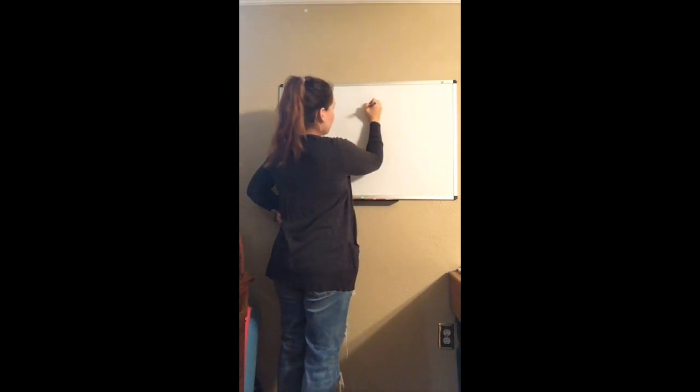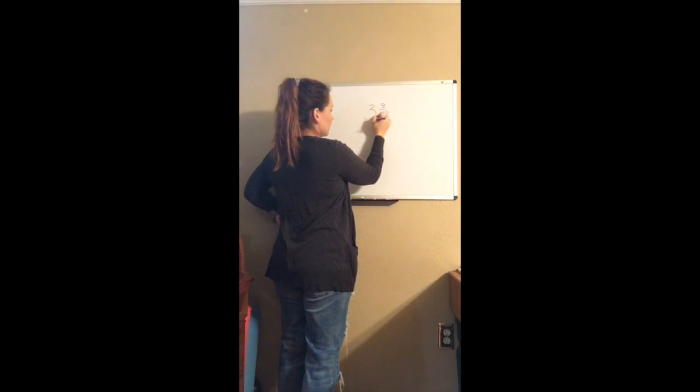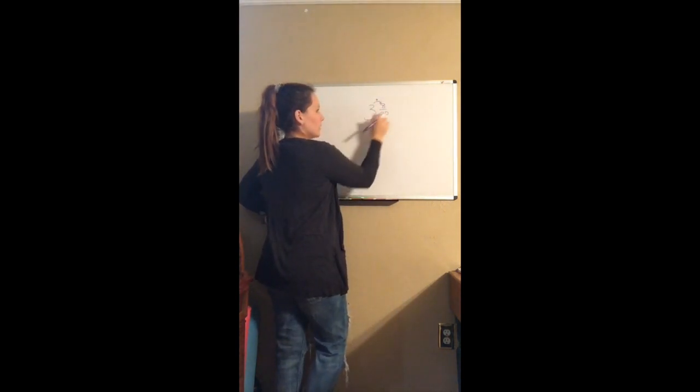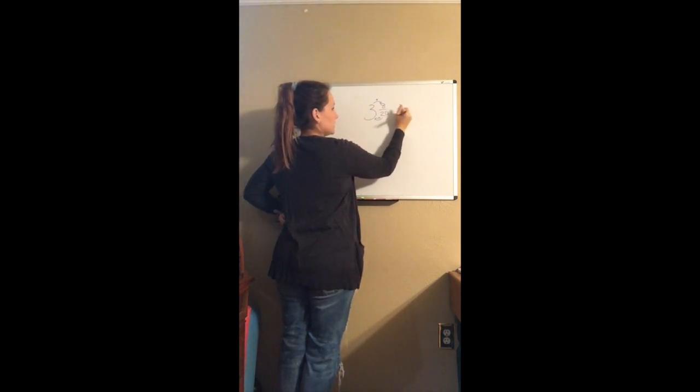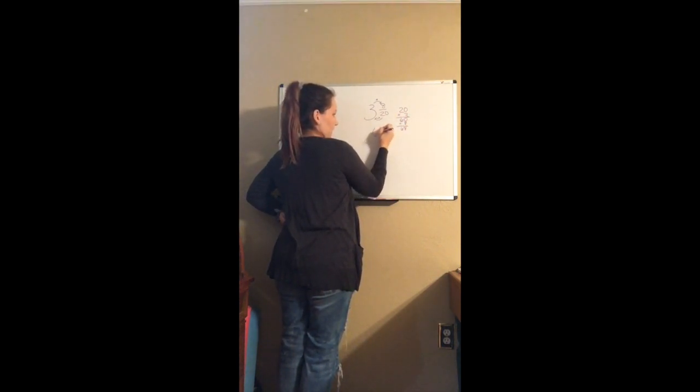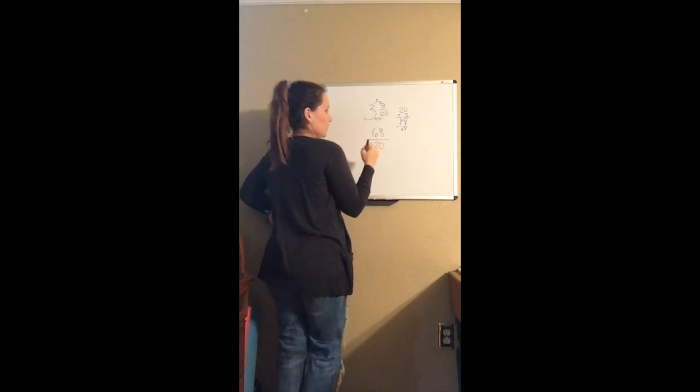All right, last one together. We have 3 and 8 over 20. So multiply, add. So 20 times 3 will give us 60. Plus 8, 68. So 68 is our new numerator, and 20 is our new denominator.